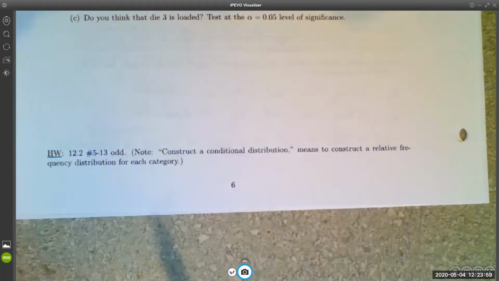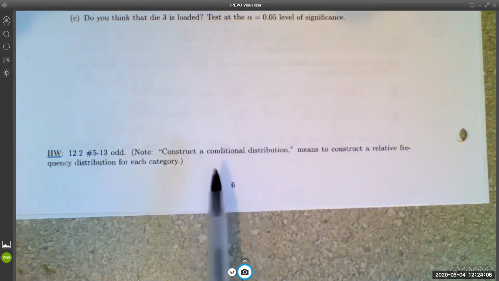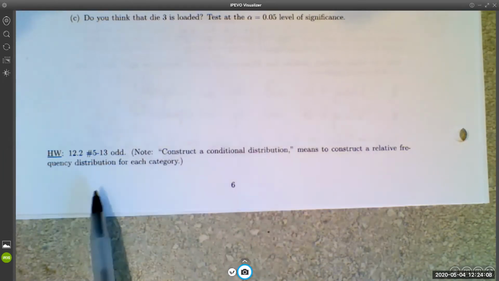Here's your homework assignment. There might be a couple problems that ask you to do something like construct a conditional distribution. What they're asking you to do is to construct a relative frequency distribution for each category of the data.